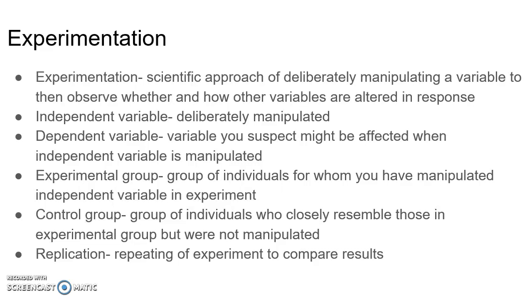The dependent variable is the variable suspected to be affected when the independent variable is manipulated. In other words, you manipulate the independent variable, and the dependent variable is what you believe will be affected after the manipulation occurs.